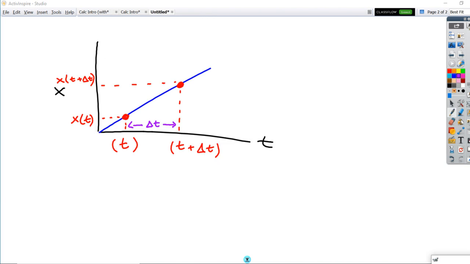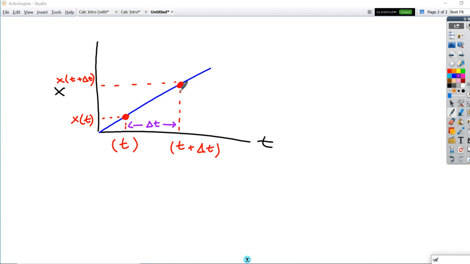So rather than use the graph that we started with, what you typically learn in calculus is that if we take this first point, we're going to say that that point occurs at time t, and the corresponding x location is x evaluated at that moment in time t. Okay, so that makes up one point.